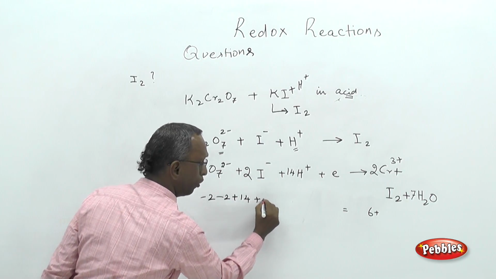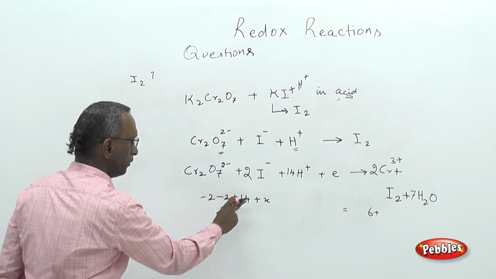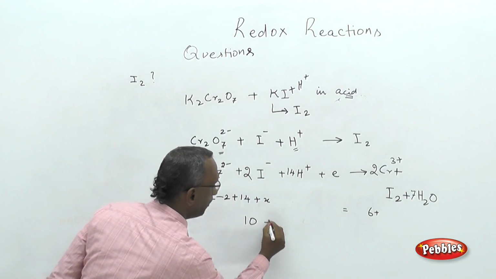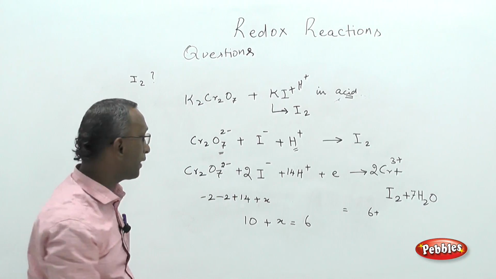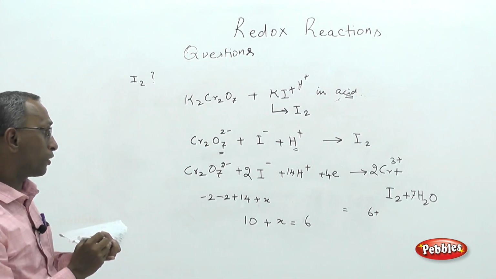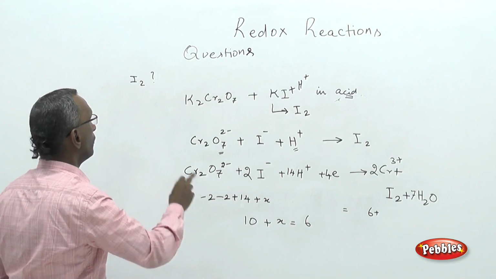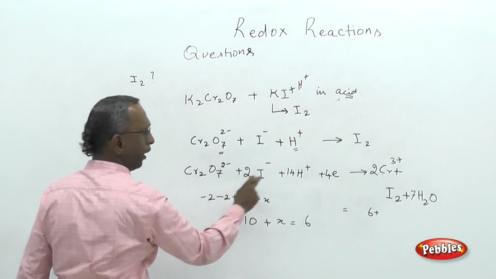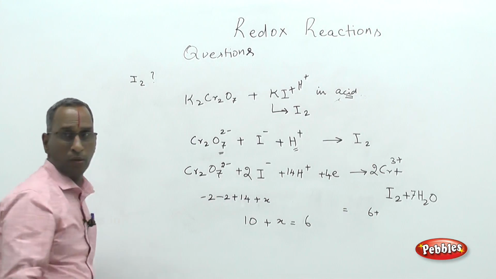How many electrons, we don't know; we can solve. Minus 4 plus 14 is 10, so 10 plus x equals 6, and x equals minus 4, so 4 electrons. After checking 2 Cr, 7 oxygen, 2 iodine, 14 hydrogen, the total charge is balanced. Now it is correct.